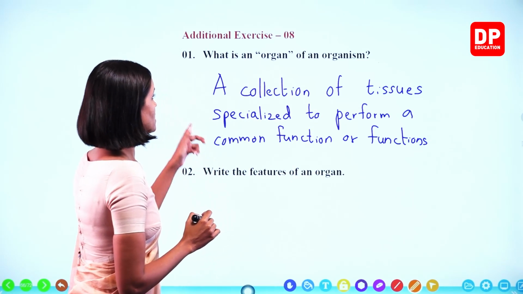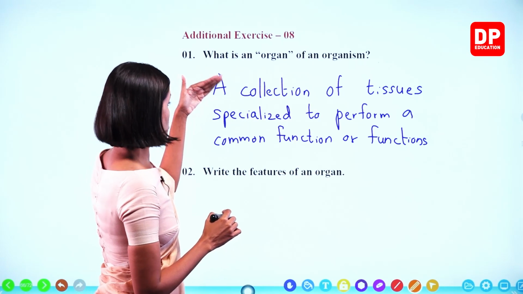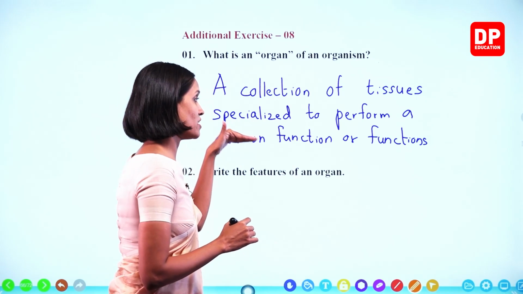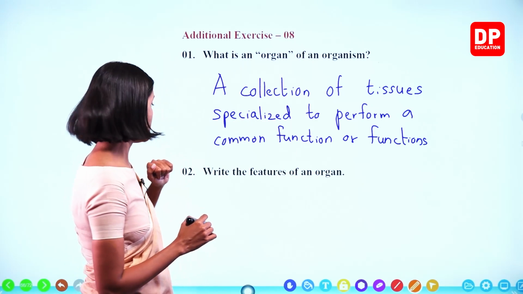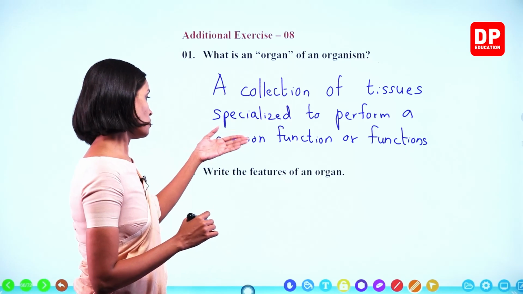Right? What is an organ? A collection of tissues specialized to perform a common function or functions. Right? Write the features of an organ.